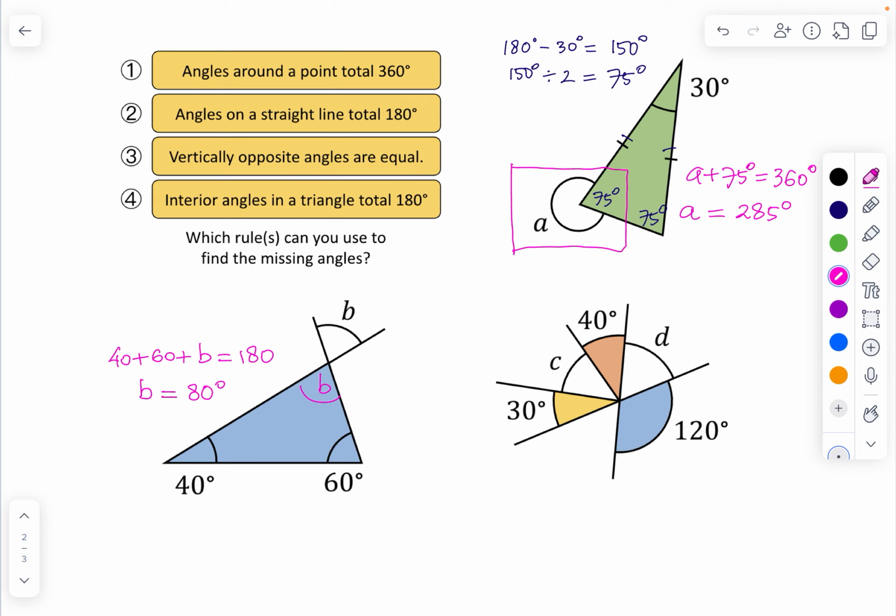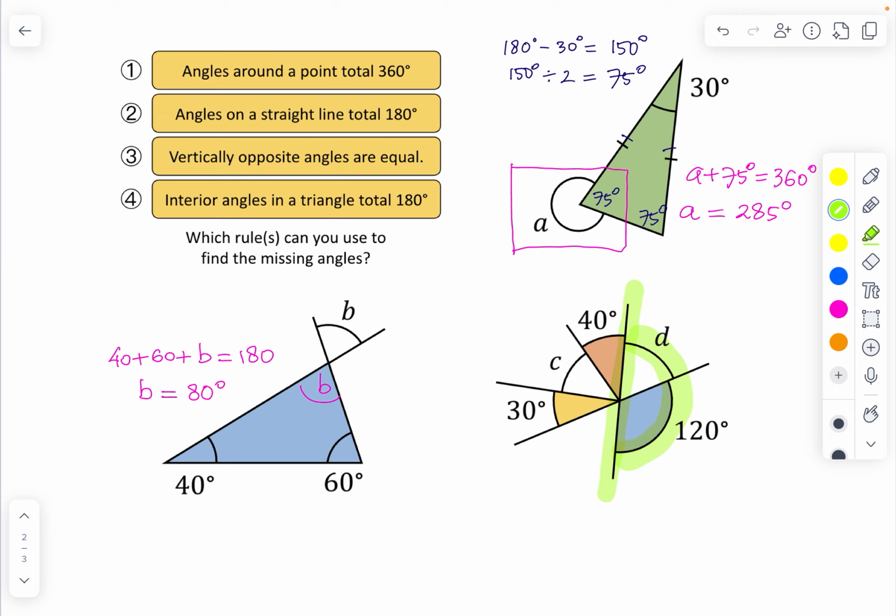All these angles are around a point. The sum should be 360 degrees. That's what we know. However, we also know something else. You see there is a straight angle here, right? So the sum of this angle on the right here, this arc D, and 120 should sum up to 180 degrees because they both together make a straight angle.